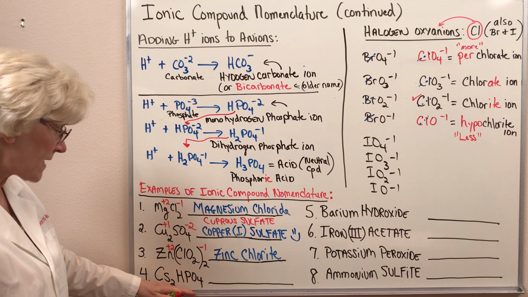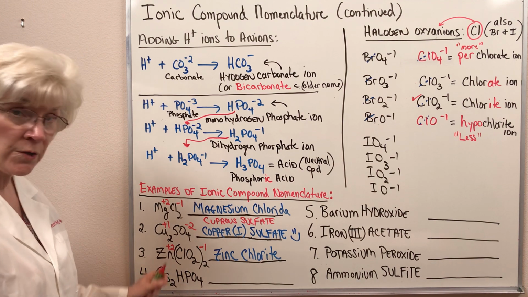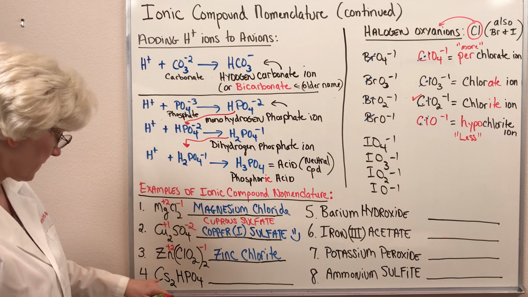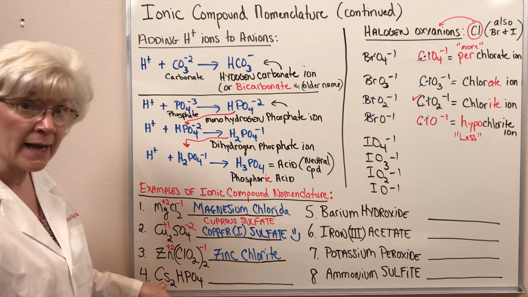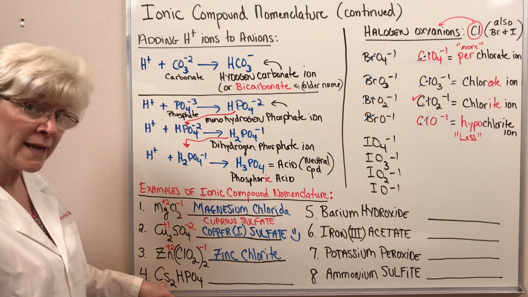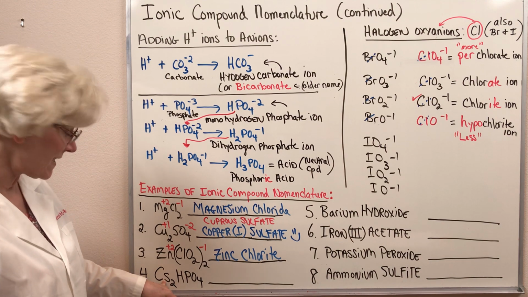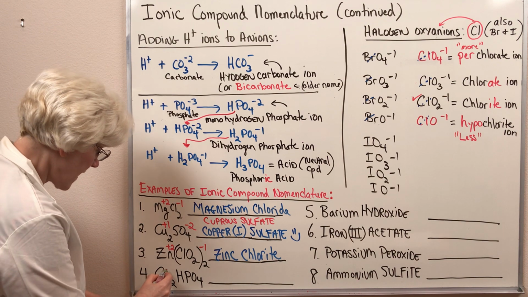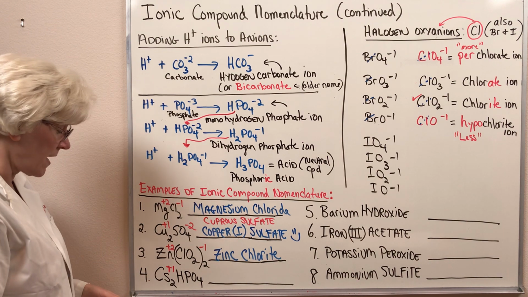Let's take a look at our last example where you are writing the name if the formula has been provided for you. And I see my cation is a group 1A cation, a cesium cation. All group 1A cations have a +1 charge to them.